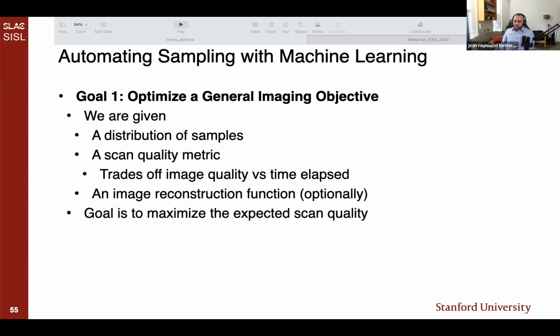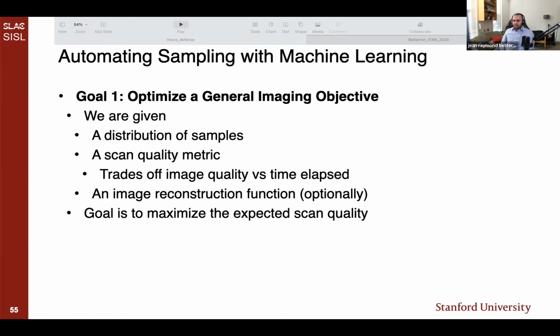Imaging objectives can differ based on the distribution of samples that we want to measure, and the loss metric that we use to evaluate the quality of our final image that we output after we've taken the measurements. There's also optionally the choice of how we convert measurements to the image to begin with. For instance, you could use a classical optimization approach, you could use deep learning, etc.